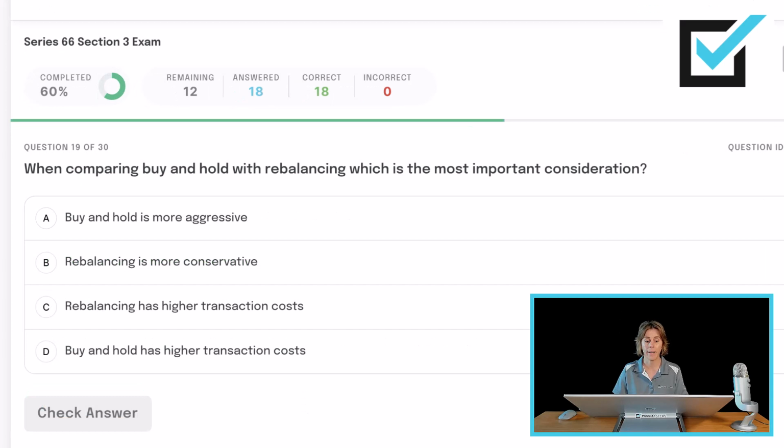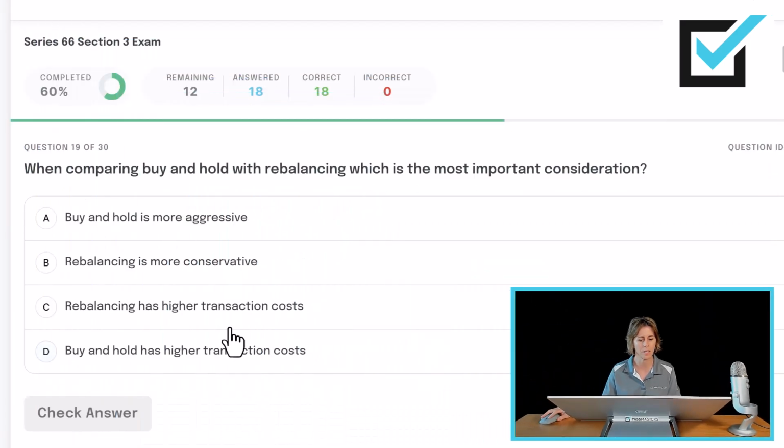When comparing buy and hold with rebalancing, which is the most important consideration? Buy and hold is more aggressive. Rebalancing is more conservative. Rebalancing has higher transaction costs, or buy and hold has higher transaction costs.